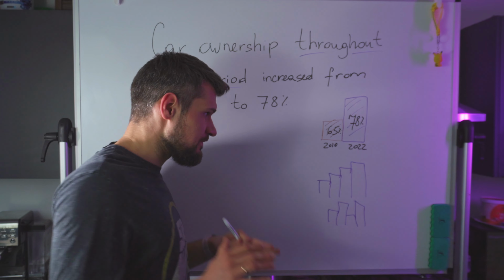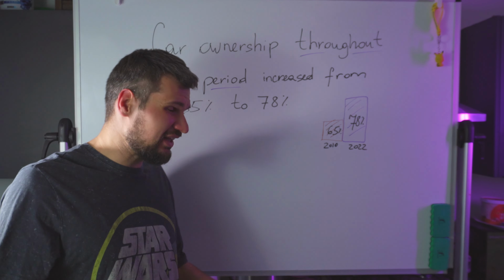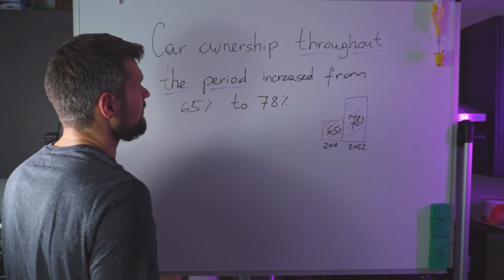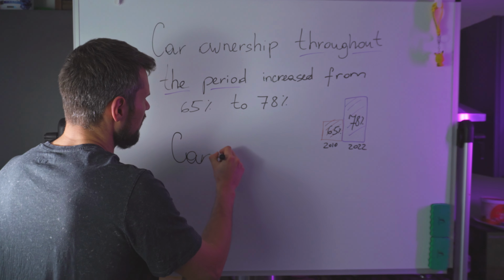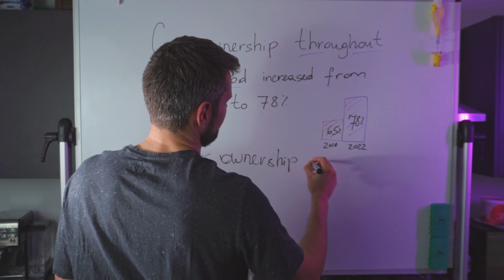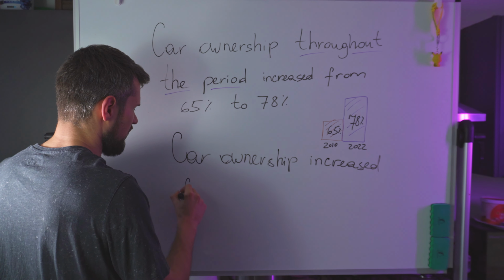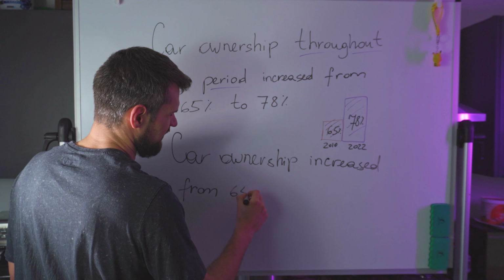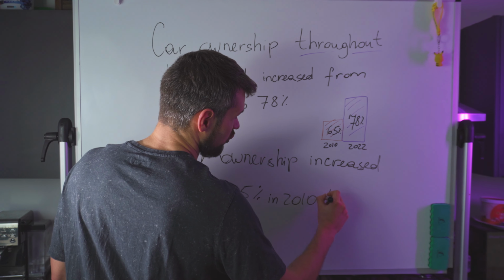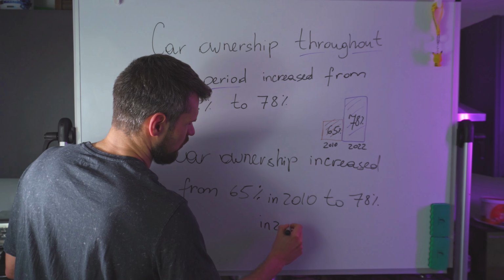So, how can we correct it? When you have two snapshots, two dates, and no data in between, instead of saying throughout the period, you can say that car ownership increased from 65%, and we can add the dates as well, in 2010 to 78% in 2022.